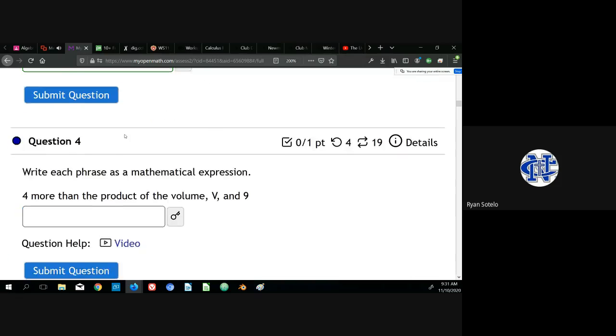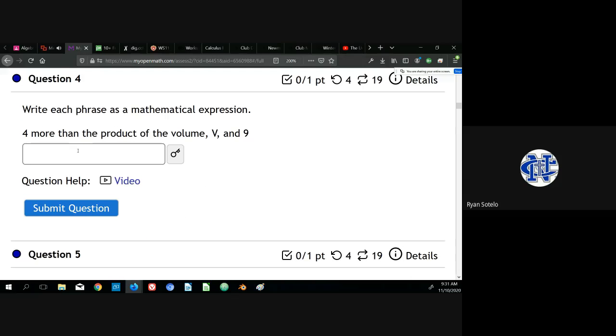But right now I'm just going through question 4 on solving equations 1. We'll try to go quickly so that we can get to some of the other ones. Okay, 4 more, a number that's 4 more than the product of the volume V and 9. Anybody else want to try that one?